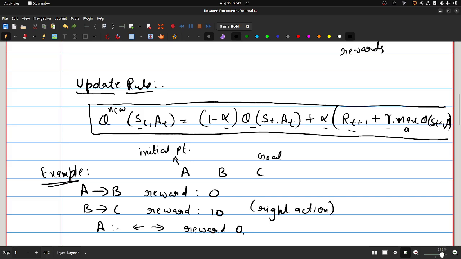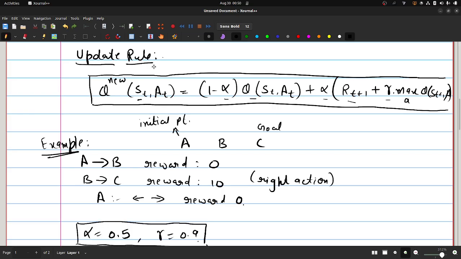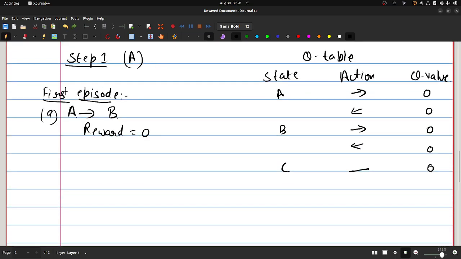This is basically the Q value in state B, the maximum value of Q in state B for a particular action. This is also 0 because it is the next best action in B.